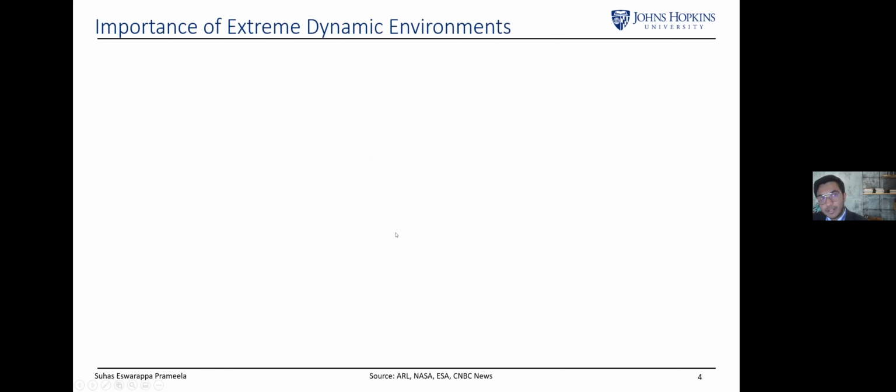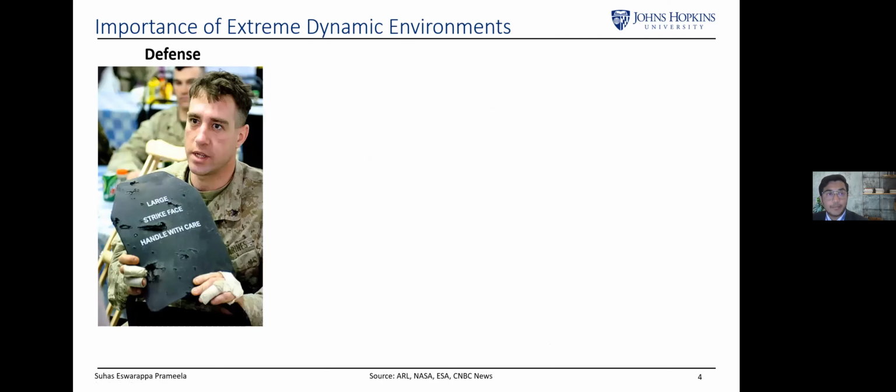Okay, so first I want to talk about why extreme dynamic environments, and what are they. Here's an example of a soldier injured in a battlefield. You can see his fingers are injured, the armor plate is damaged as well. This likely happened because there were particles or shrapnels flying at a very high speed that impacted the soldier.